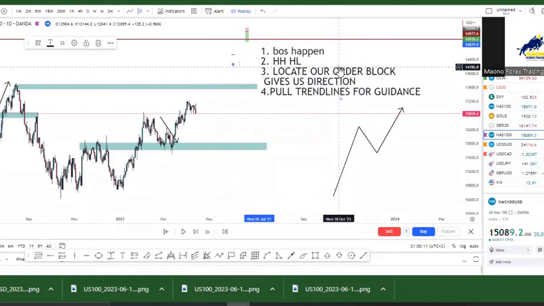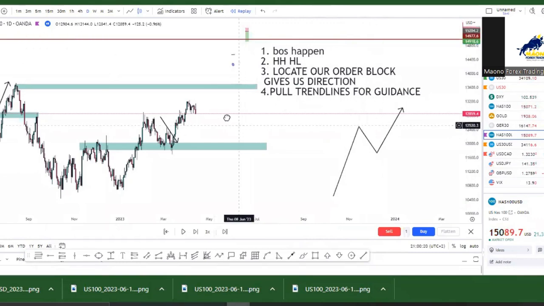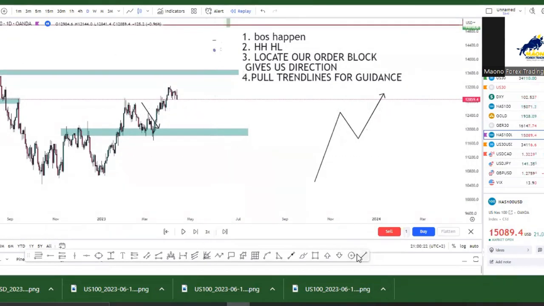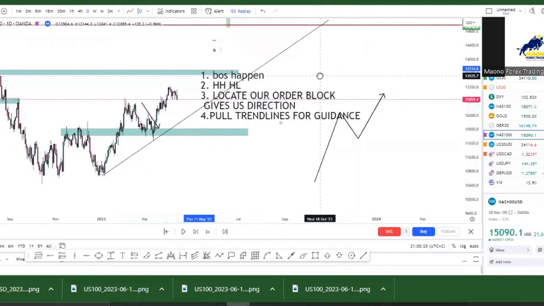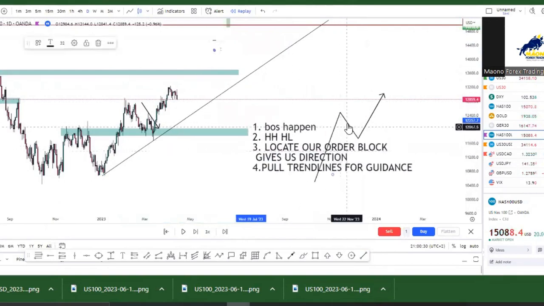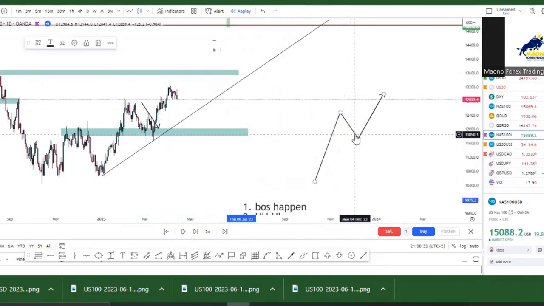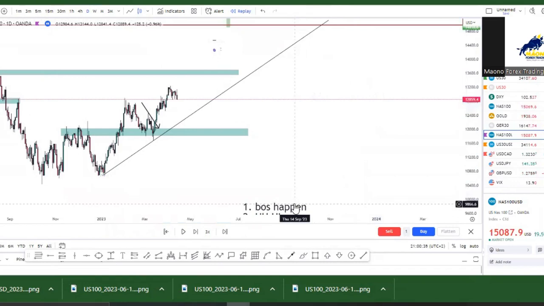You can enter off the trend line in the zone, but obviously with candle confirmation and all those good things, but we want to use it more for guidance. So what would I do? I draw a trend line from the bottom. I like to go sometimes from week to week.